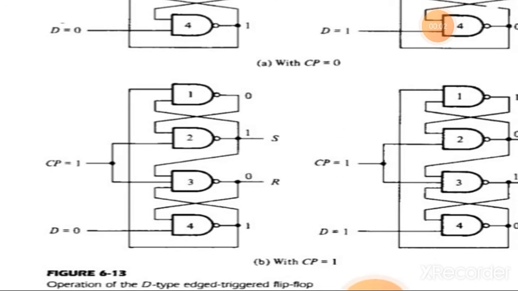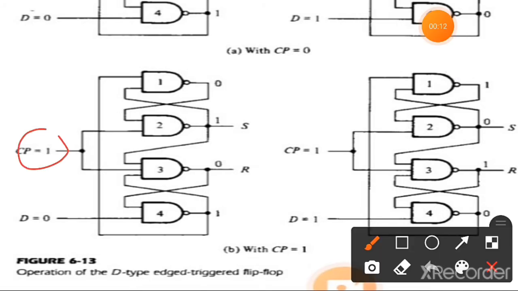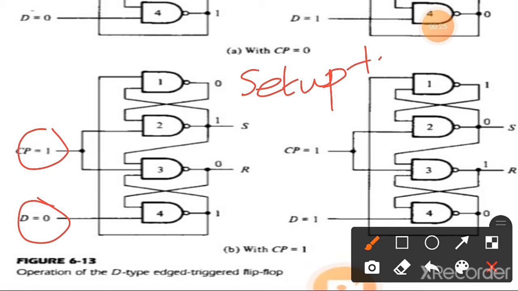Next we will explain what is the value of S and R when Cp is equal to 1 and D is equal to 0. Before that, there is a definite time which is called the setup time. Setup time is the time in which the D input must be maintained at a constant value prior to the application of the pulse.